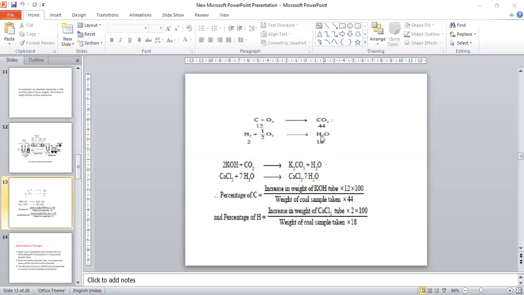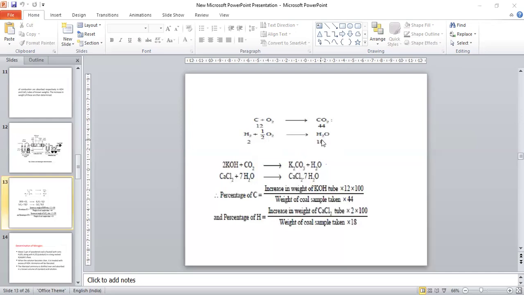Totally, the amount which is generating the weight is 18. See, 12 grams of carbon produces 44 grams of carbon dioxide. Then how much carbon produces, suppose, X amount of carbon dioxide?